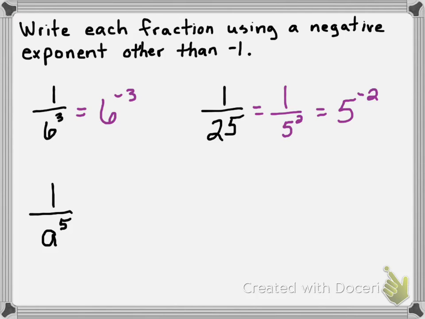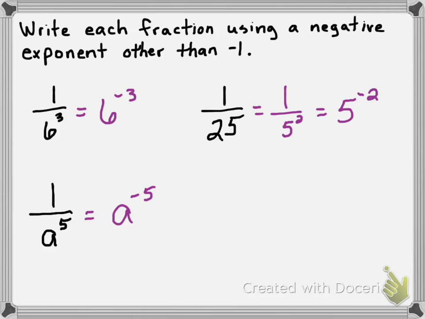All right, and this also works exactly the same with variables. I need to change this exponent of 5 to a -5, so I need to change the position, and that gives me a to the -5th. Nothing happens differently for variables because remember, they're just numbers as well.